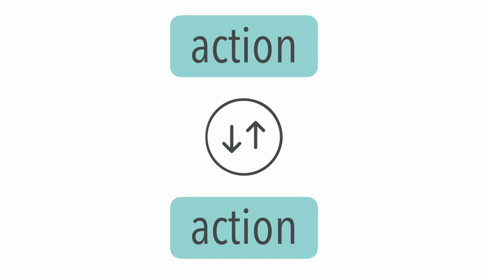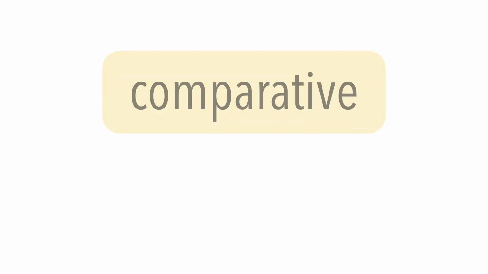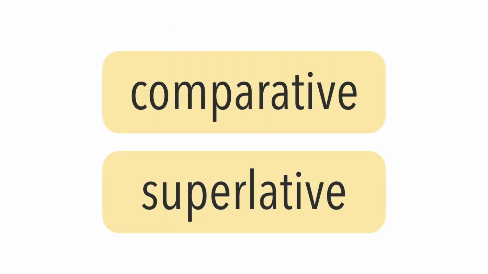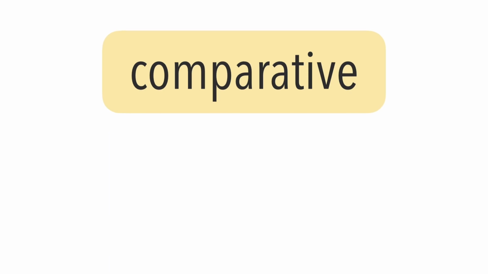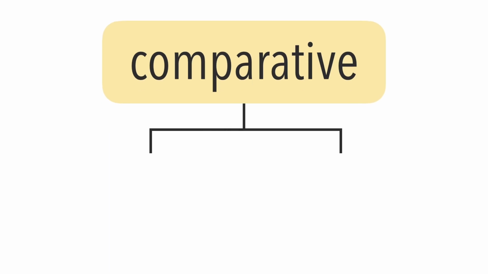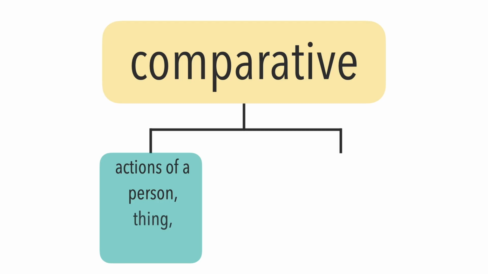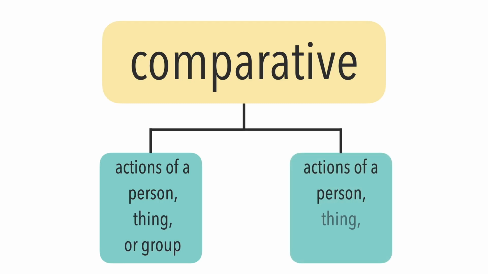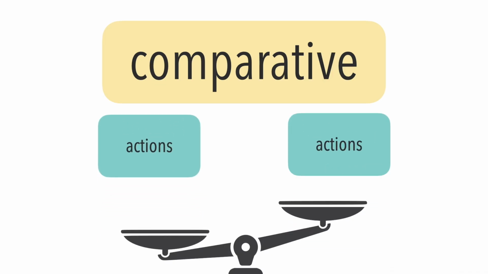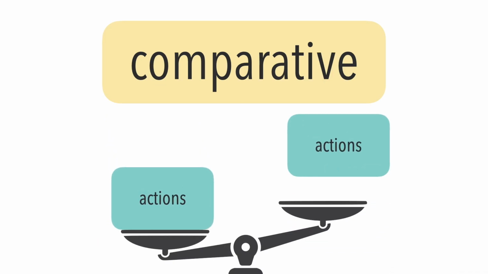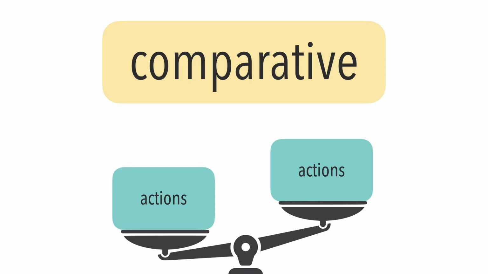When comparing actions, we use an adverb's comparative or superlative form. Comparative adverbs are used to compare the actions of a person, thing, or group to the actions of some other person, thing, or group. Think of a scale where you put something on one side and compare it to something else on the other side.